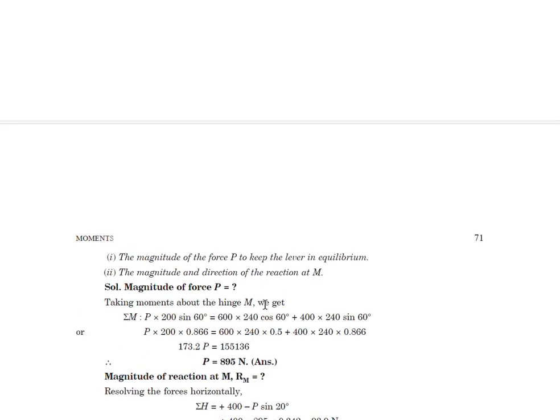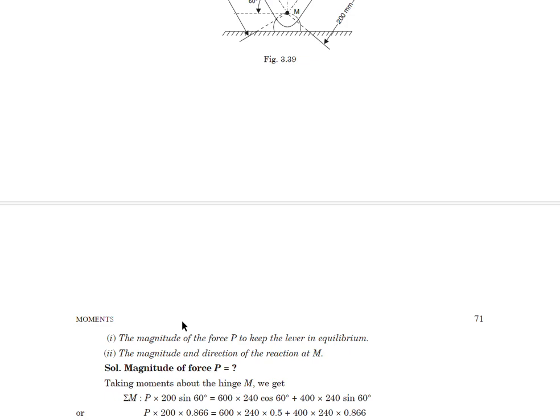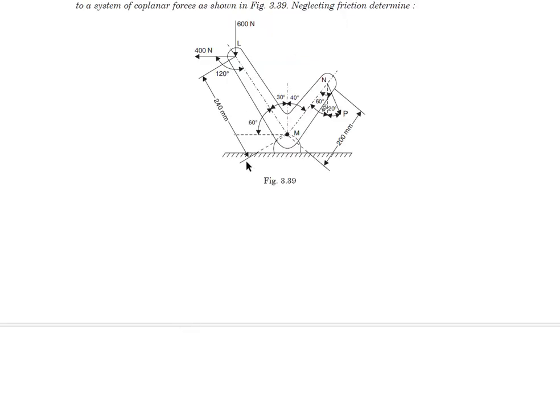Taking moment about the hinge M, we have this 200, this is the distance. So what we will do, we will find out the component of this force P along this line, which is perpendicular to MN, and multiply it with 200. Then again we will find the moment of 400 Newton force and find out this perpendicular distance, and then 600 Newton force and find out the perpendicular distance.